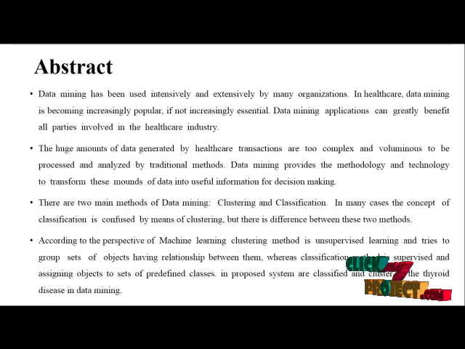From the perspective of machine learning, the clustering method is unsupervised learning and tries to group sets of objects having a relationship between them, whereas the classification method is supervised and assigns objects to sets of predefined classes. In the proposed system, thyroid disease is classified and clustered using data mining.